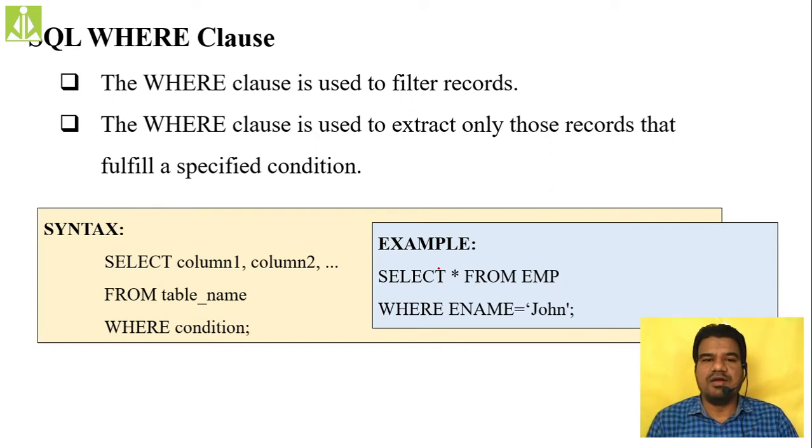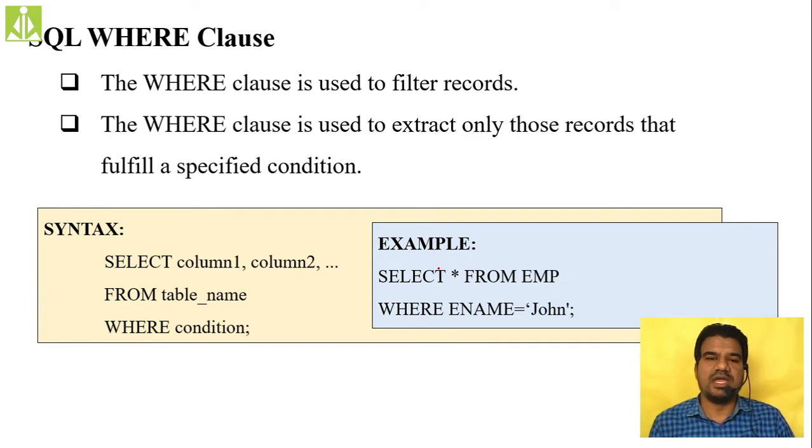Now the where clause, as I said. It is something like how we applied filters in MS Excel. In order to retrieve specific fields or specific rows from your table, we applied filters. Filters are nothing but a way of giving a condition.